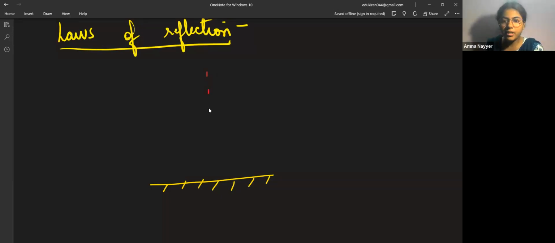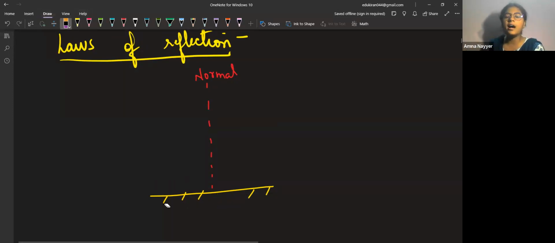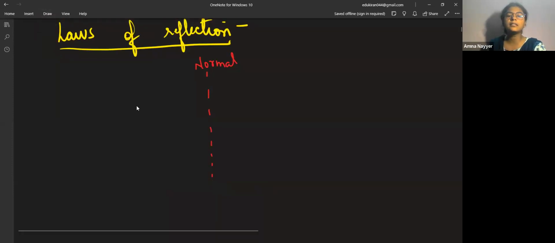Now see, whether it's a lens or a mirror, the first thing you have to do is drop a normal. The term normal by default means something which makes an angle of 90 degrees. So the angle formed here is 90 degrees on the surface of the mirror. This is a mirror, a plane surface. Let us take the plane surface.